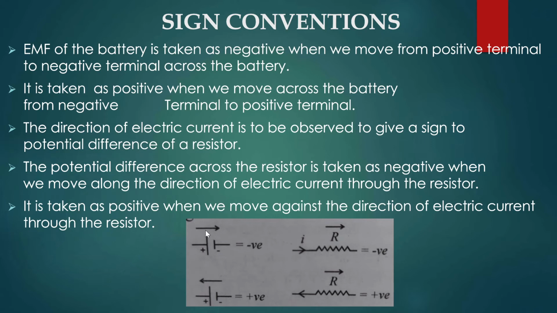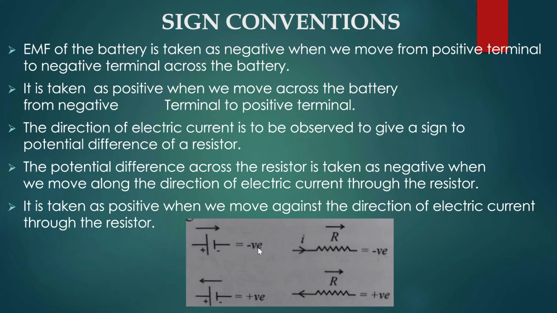You all know that a cell is represented by two parallel lines, a longer line and a shorter line. The longer line represents your positive terminal and the shorter line represents your negative terminal. Now your EMF is taken as negative when we move from positive terminal to negative terminal. You can see the arrow mark which shows that we are moving from positive terminal to negative terminal.